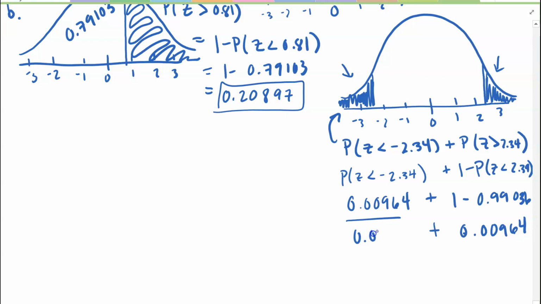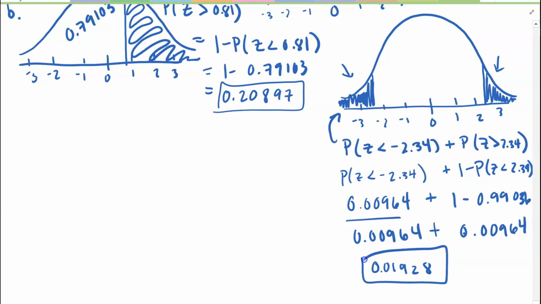So these two areas are exactly the same. And when we add them together, what do we get? Well, we get 0.01928. That will be our p-value.